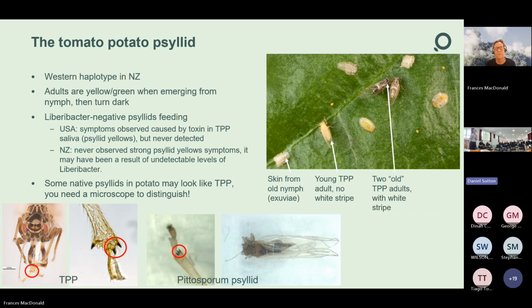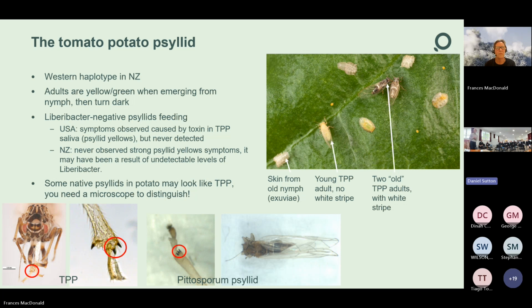So in New Zealand, we have the West. Again, the psyllid is divided up in haplotypes, not just like the Liberobacter. And this is all United States vocabulary, so they've called it the Western haplotype. That's from the California area, and that's very likely where our psyllid came from.